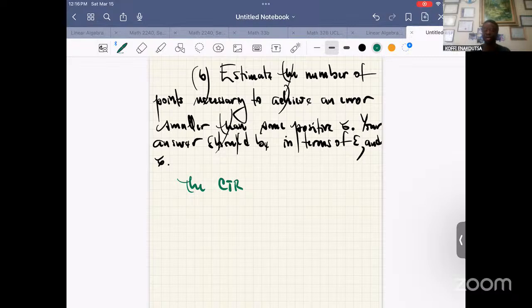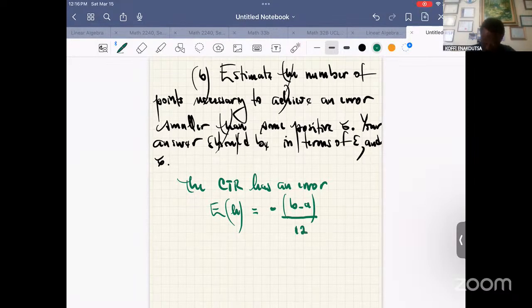The trapezoidal rule has an error of big O h squared, but precisely E(h), which is minus (b minus a) divided by 12, h squared, f second of some xi, we call it mu in our case in the class.